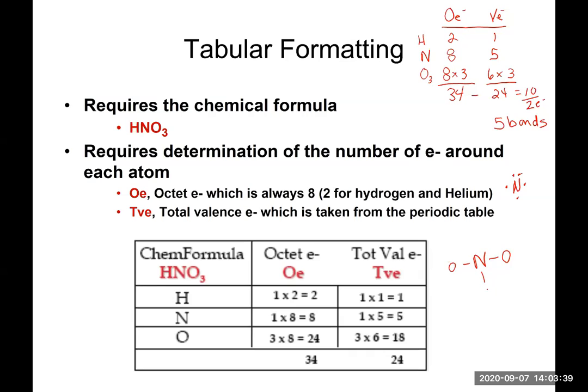And then as I told you, one of those oxygens, and it doesn't matter where we put the hydrogen, it could be with any of those oxygens because all 3 of them are chemically equivalent. So one of those oxygens is going to be bonded to a hydrogen. Now, that gives us a total of 1, 2, 3, 4 bonds, and we have 5 bonds.